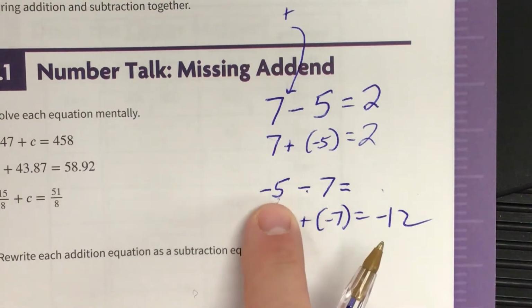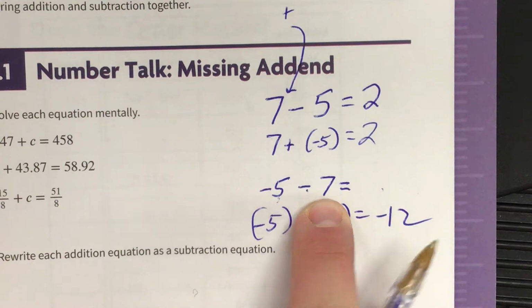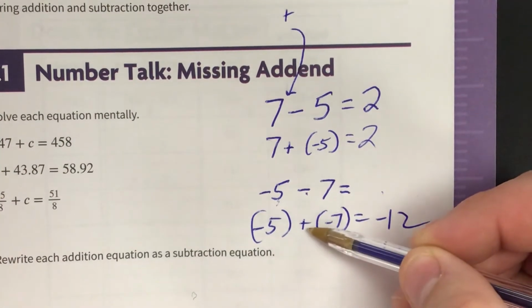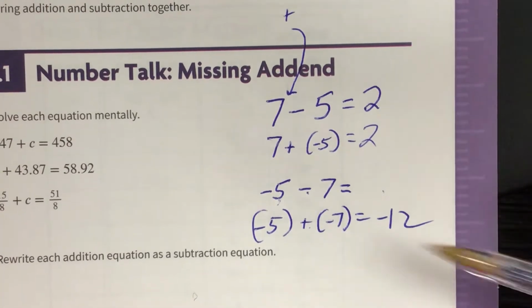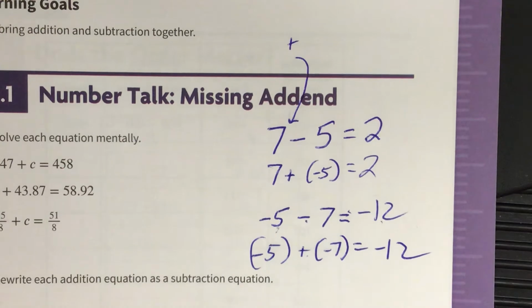If I would have said, well, you're $5 in the hole, now you spent 7, I think you would have said $12 in the hole. Subtracting, if you have trouble with it, you can always make it adding the negative, and then use the rules that we've talked about. They're the same thing. We've done 2 examples, the answer is the same. If that makes you more comfortable, certainly do that.